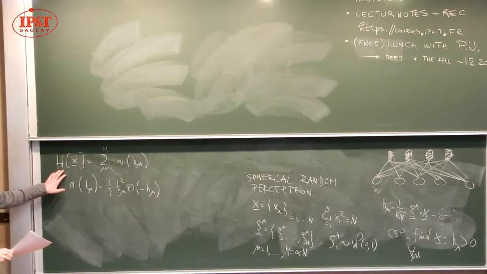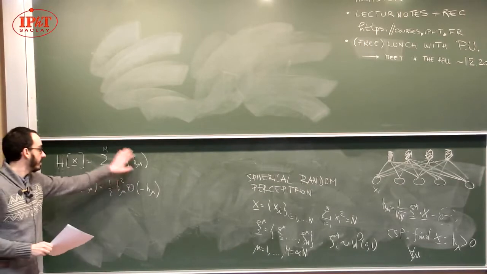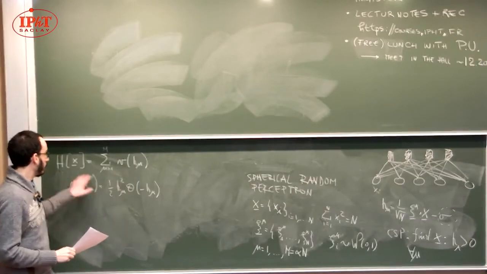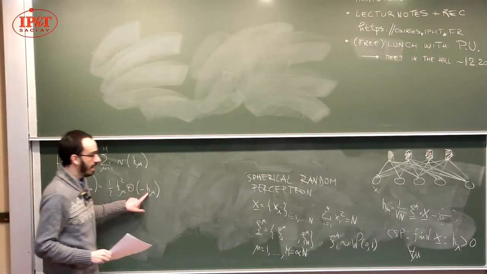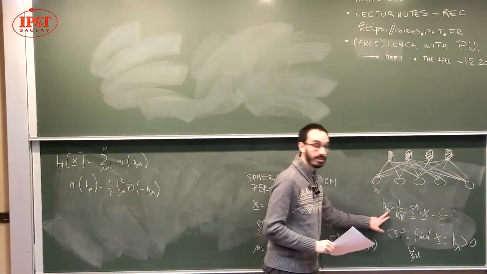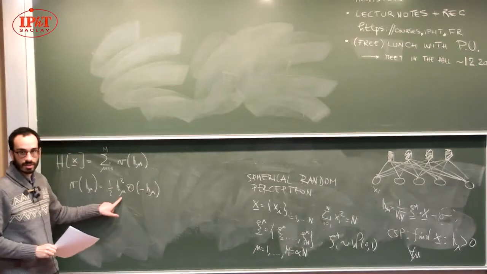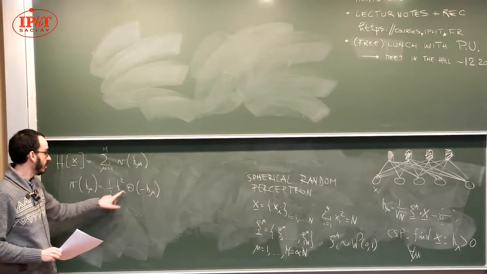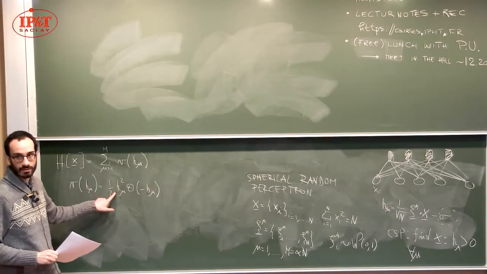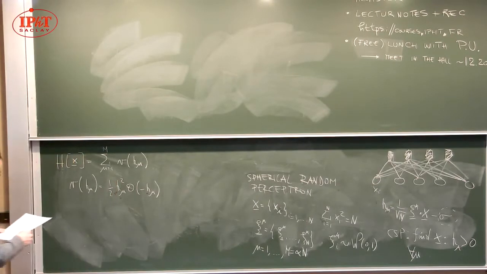This is a kind of energy, and it's positive whenever a constraint is violated. If h_mu is negative, then you pay a little bit of energy, and the amount of energy that you pay is proportional to the square of the gap.